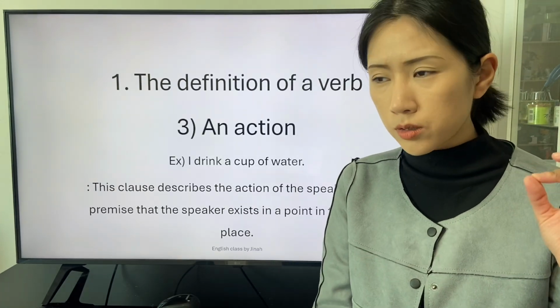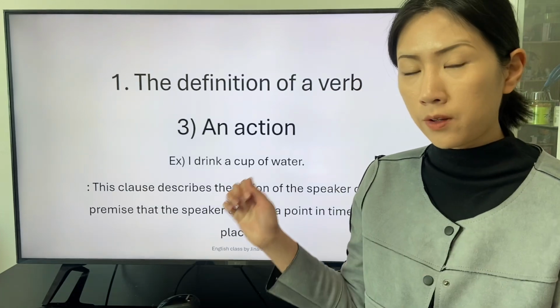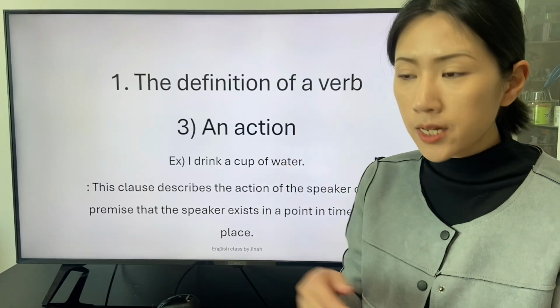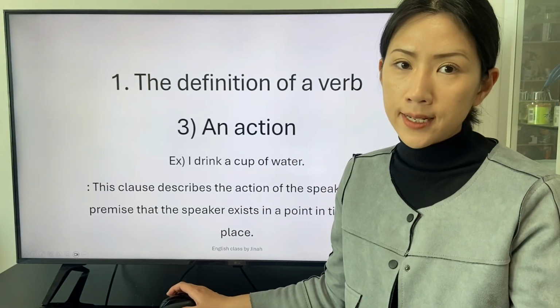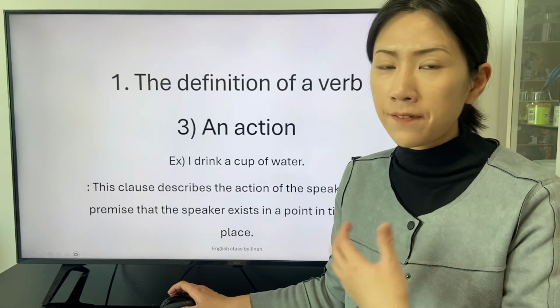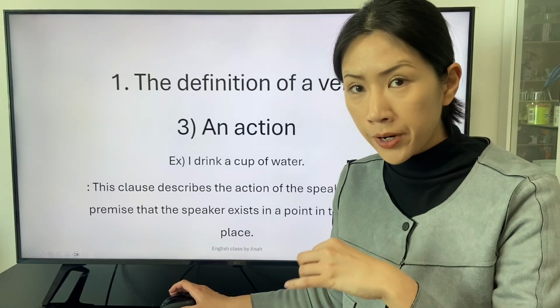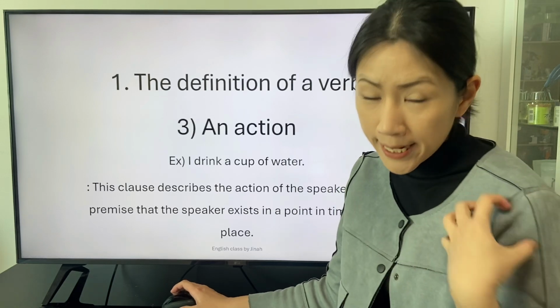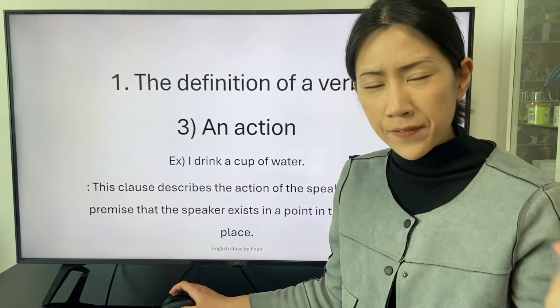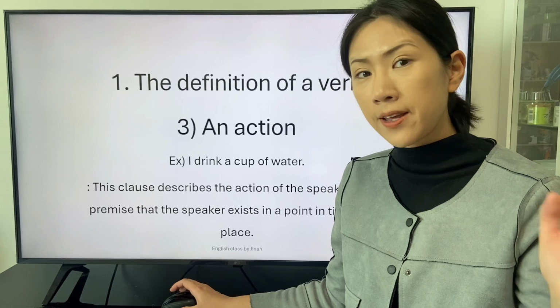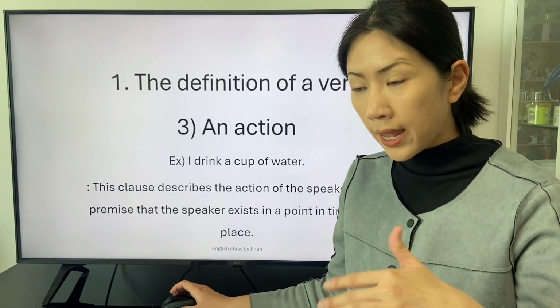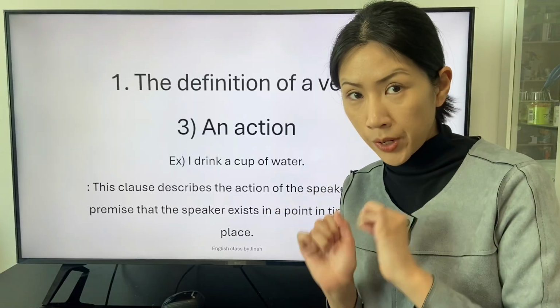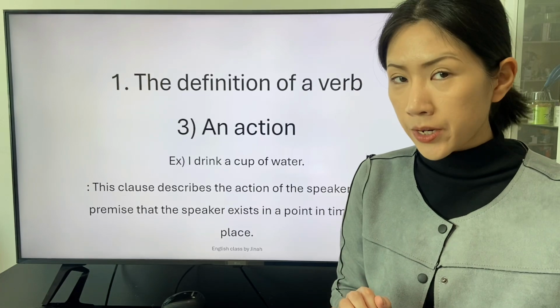With the transitivity of the verb drink, the object indicated by the phrase of a noun, a cup of water, gets the definition of the transitive verb drink and finishes the interaction with the subject, the speaker.